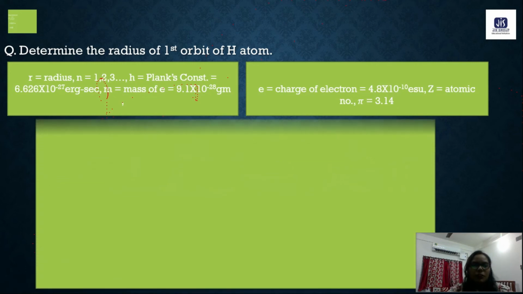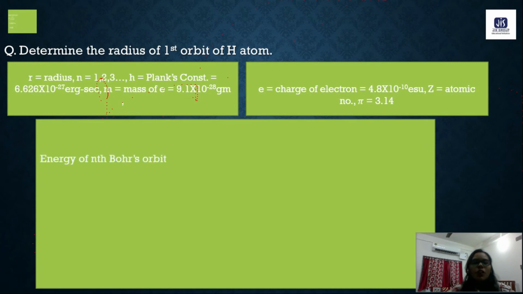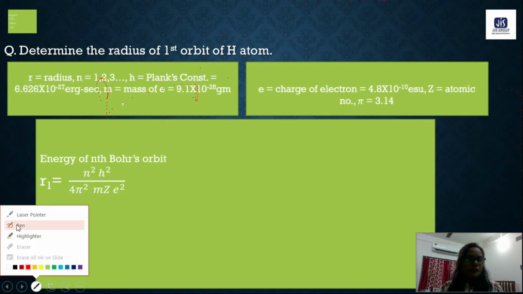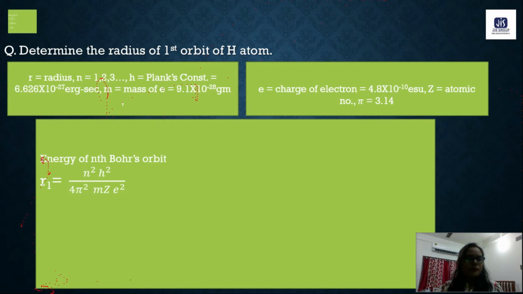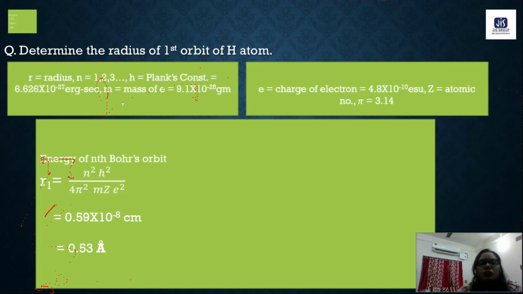So what will be the next? Actually, it should be the radius, not the energy.